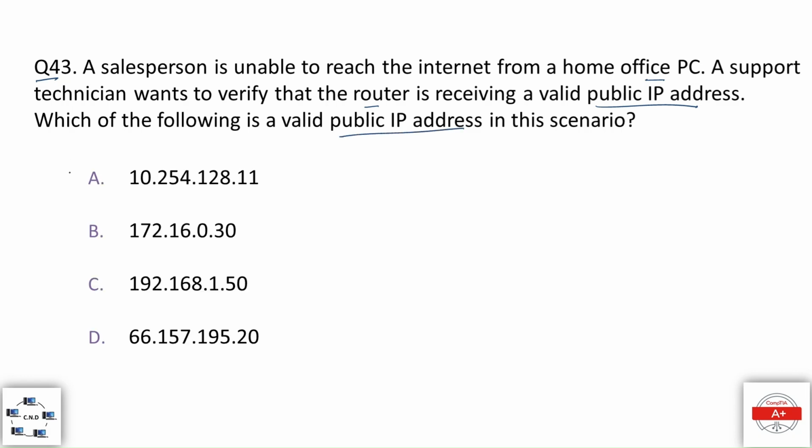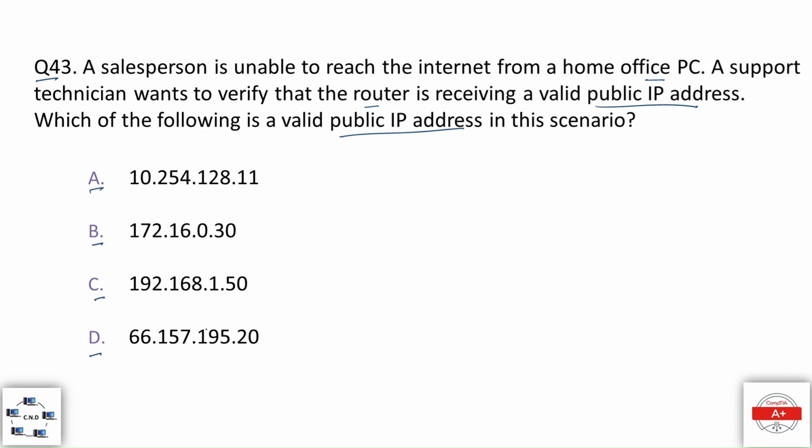The options are option A, 10.254.128.11, option B, 172.6.0.30, option C, 192.168.1.50, and option D, 66.157.195.20.